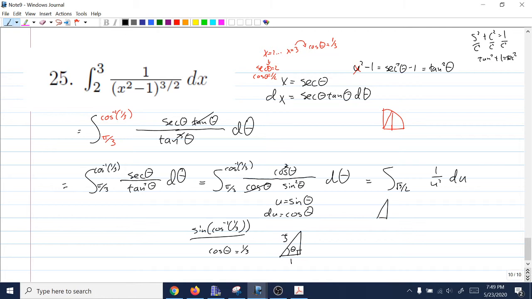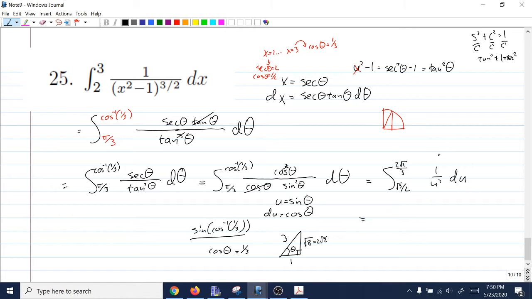That makes this one square root of 9 minus 1, which is root 8. That's 2 root 2. So sine of this, opposite over hypotenuse, is going to be 2 root 2 over 3. Weird. This is what I need to integrate from. These are my bounds of integration.